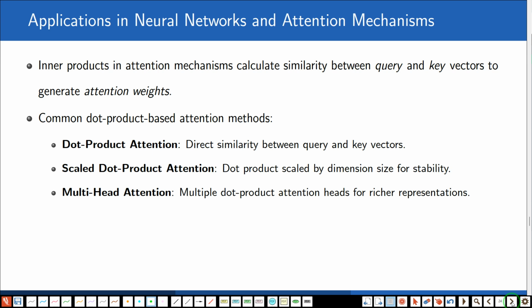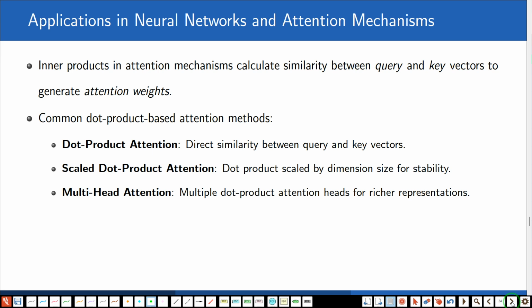And when we want to calculate the similarity between the user query and the key vector, then we need to generate the attention weights. And we have many attention methods, but these are some of them: dot product attention, scaled dot product attention, or multi-head attention.